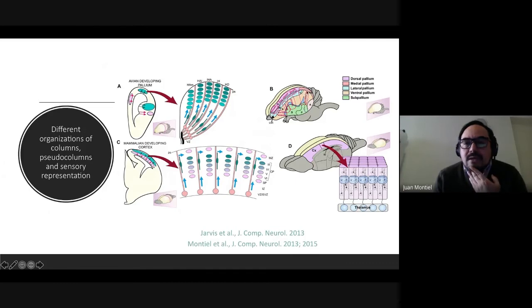So in this case, we can see that this functional organization is quite different, and in the avian, the processing of the information is happening in different brain compartments.